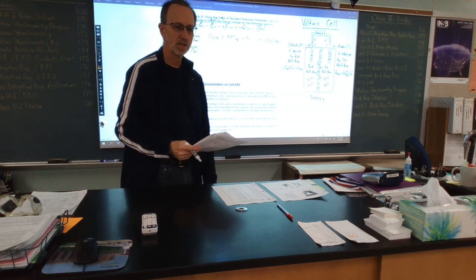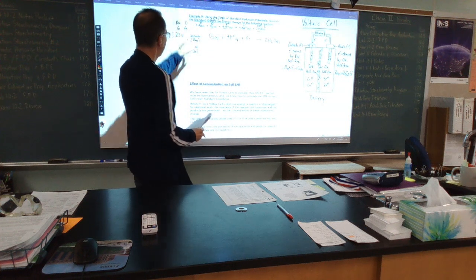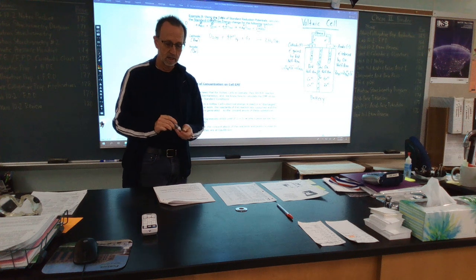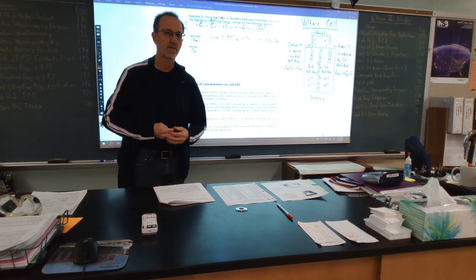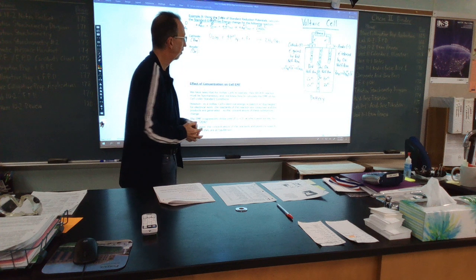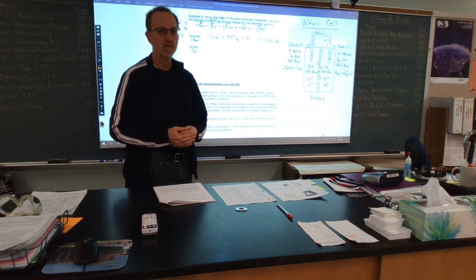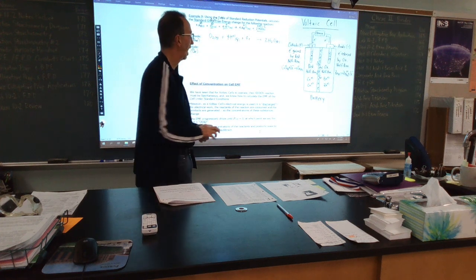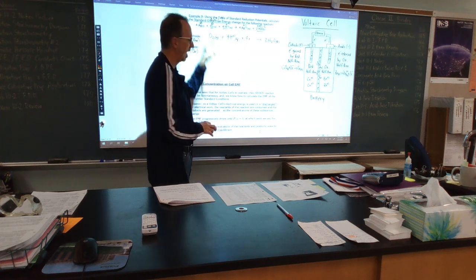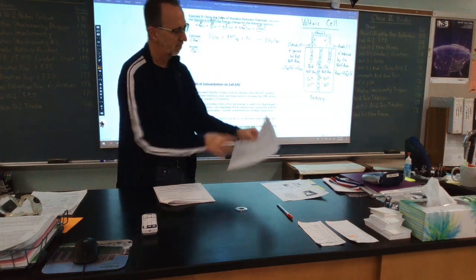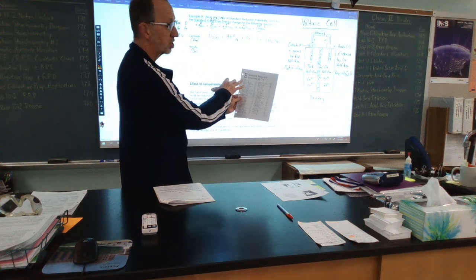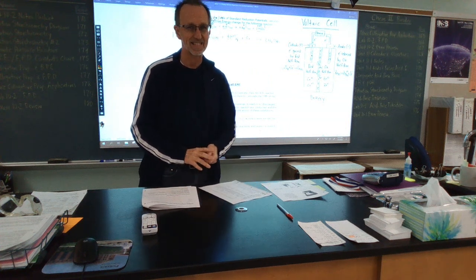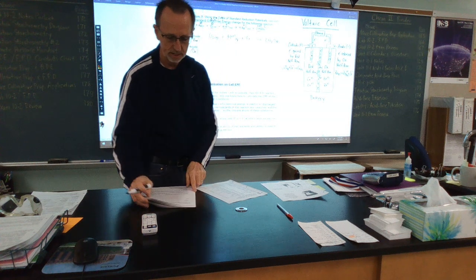Our anode half reaction is our oxidation half reaction. That, of course, is going to involve silver. So now remember, again, that our chart is a chart of reduction half reactions. So we're looking for oxidation of silver. On the chart, it's going to be in reduction format, so it's going to be backwards from what we're looking at. So we're going to be looking up the silver ion to silver, which is actually the very first one on the chart. Although we're going to put that reaction in reverse because this is our oxidation half reaction, not reduction.